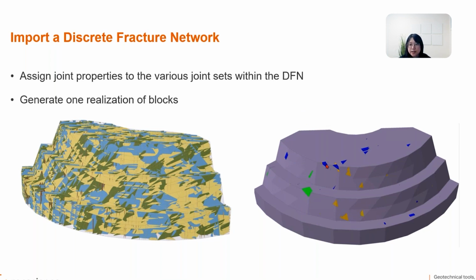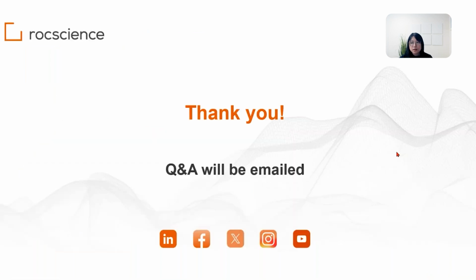And here you can see that I can get multiple blocks next to each other forming, and the DFN will be better for analyzing for key blocks as well. So that concludes my second example and the presentation part.